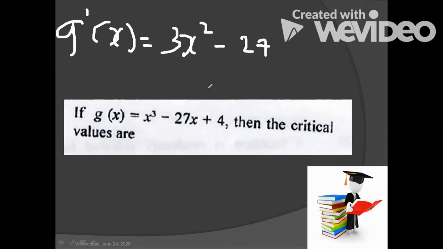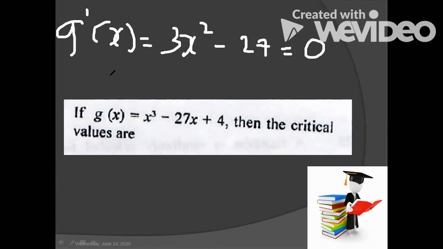Now the critical values are the points at which the curve starts to turn, where g prime of x is equal to 0. So we need to solve this.